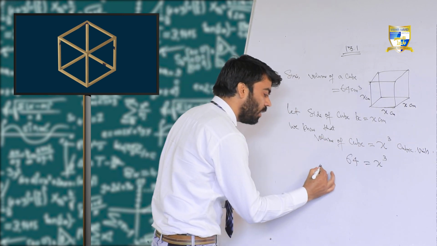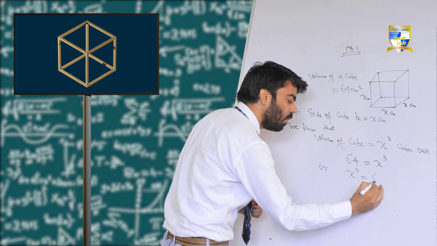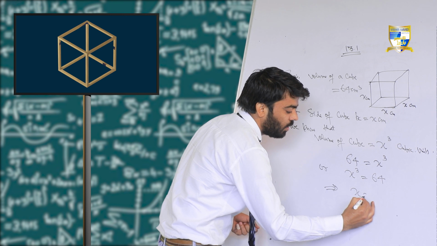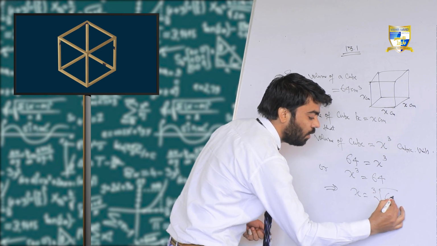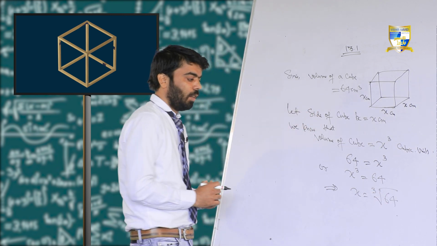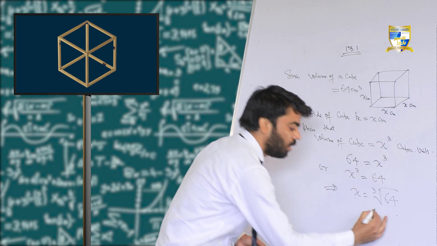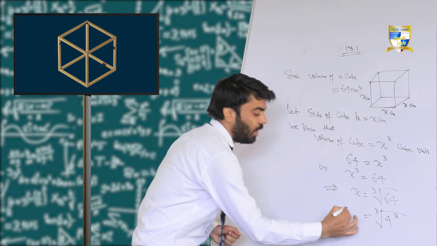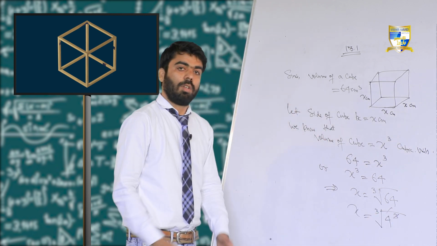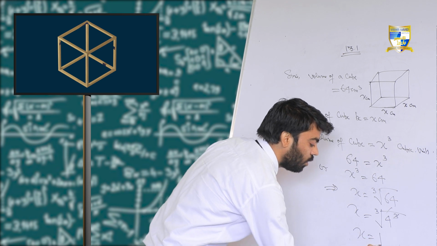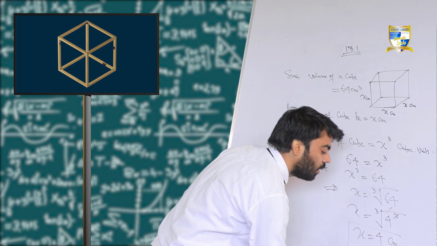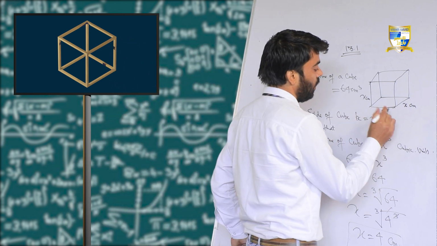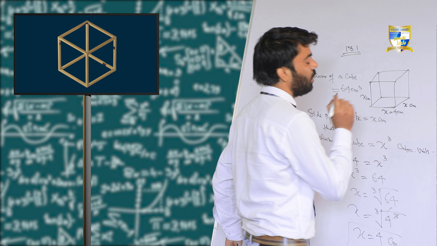So x cube is equal to 64, which implies x is the cube root of 64. Clear? But we also know 64 is 4 cube. This is x cube and the cube root goes, x is equal to 4 centimeter. Right? So what we found, this x is equal to 4 centimeter.